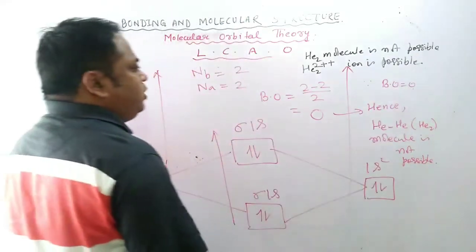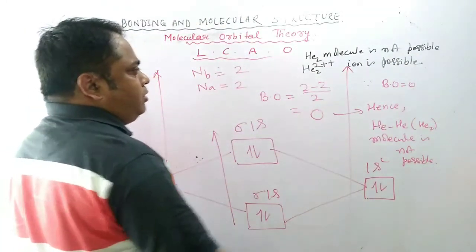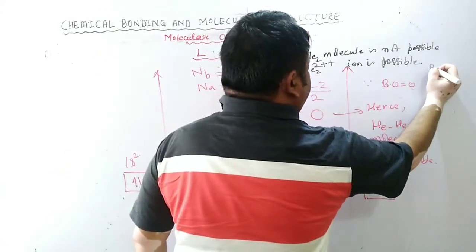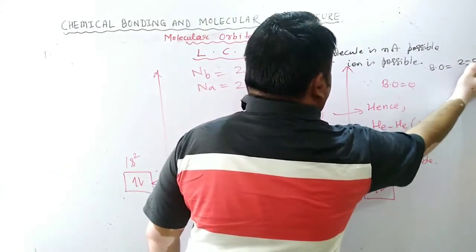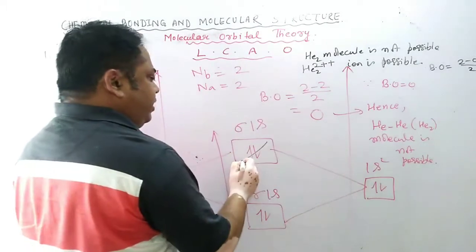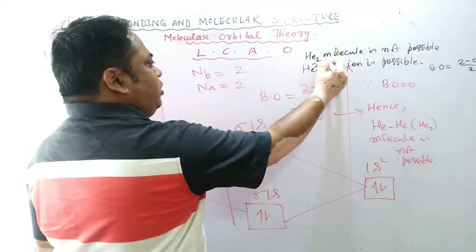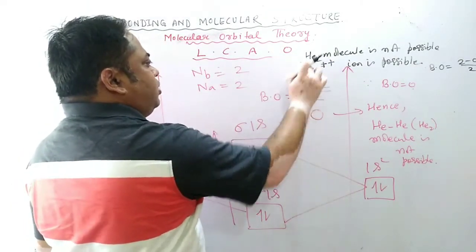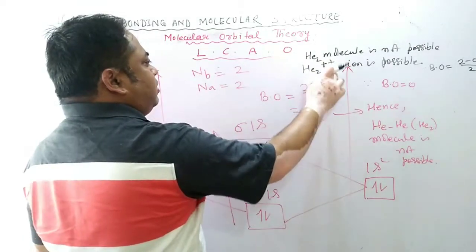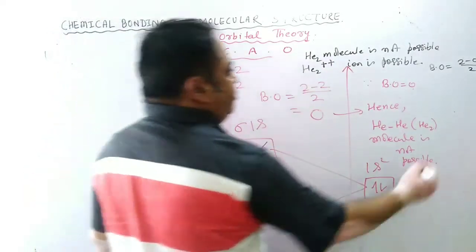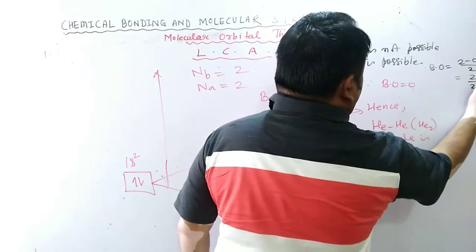Why? Because at that time the bond order becomes 2 minus 0 by 2, because these two electrons are eliminated, so it will become 2 by 2 equal to 1.